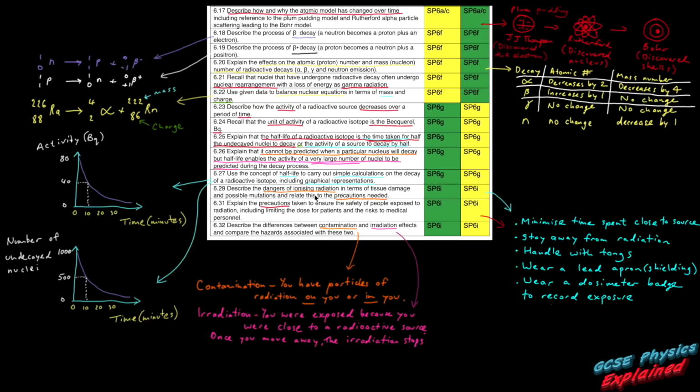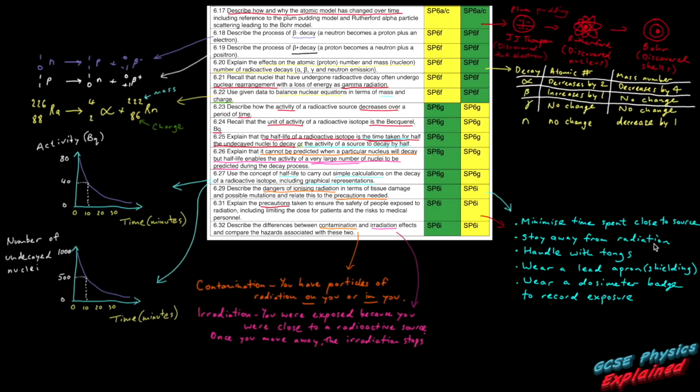Describe the dangers of ionizing radiation in terms of tissue damage and possible mutations, and relate this to precautions needed. So the dangers obviously are tissue damage for 1 mark, possible mutation of cells for another mark. Precautions needed, well, if you've got a bee next to a radioactive source, minimise the amount of time that you spend close to it.